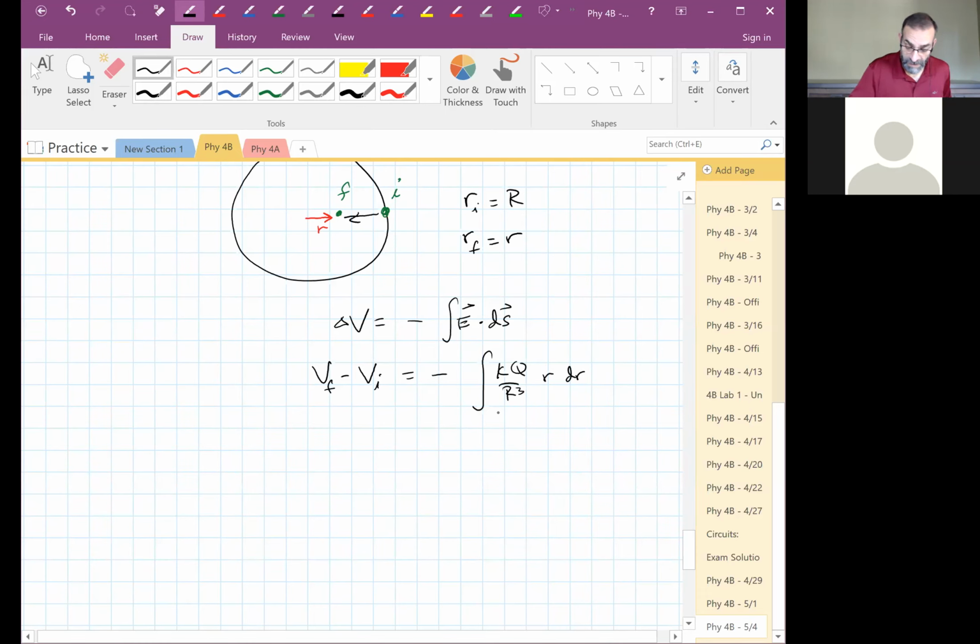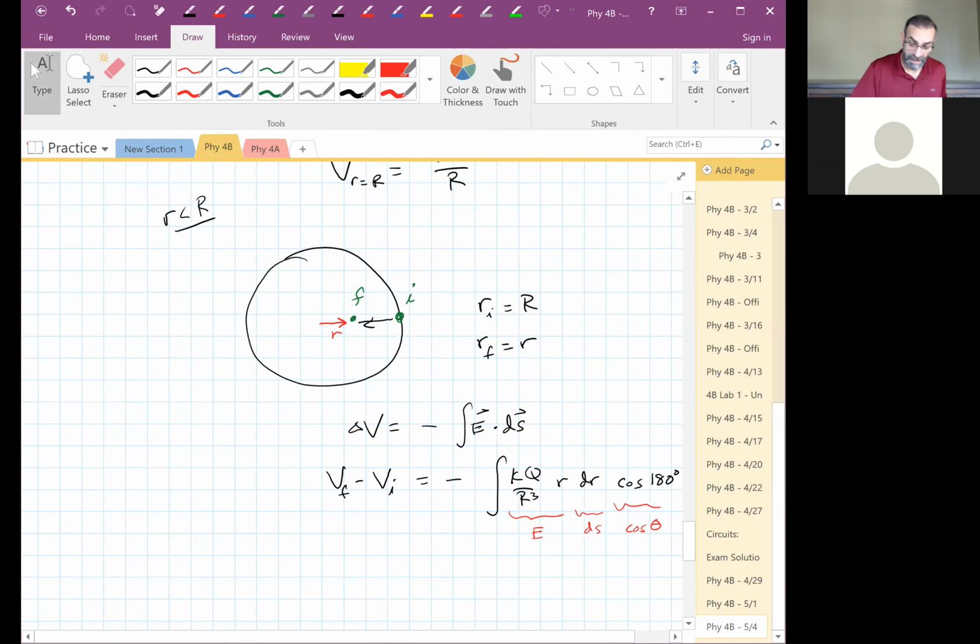So that's our electric field. And our cosine, again, is a 180, because we are going in, right? Our dr is in, and our electric field is out.